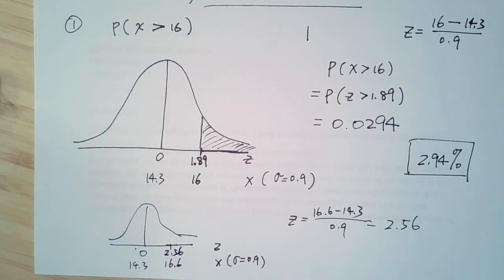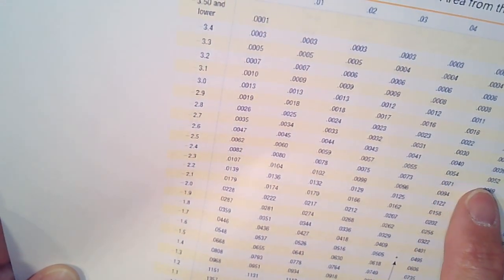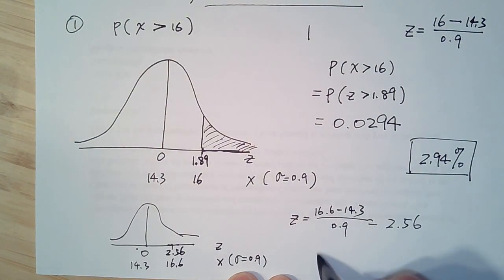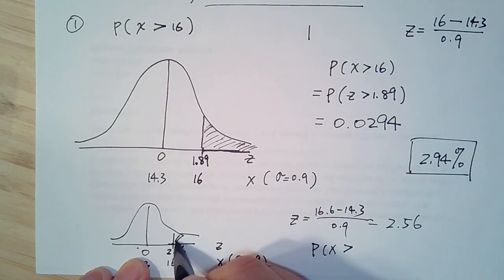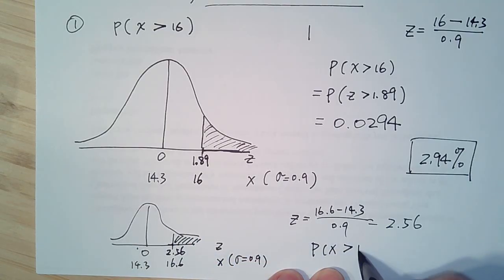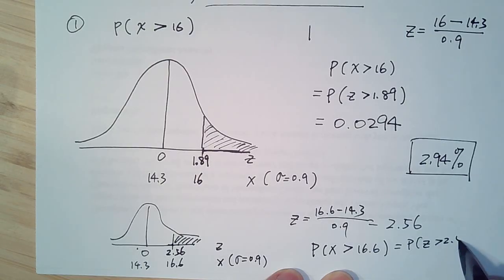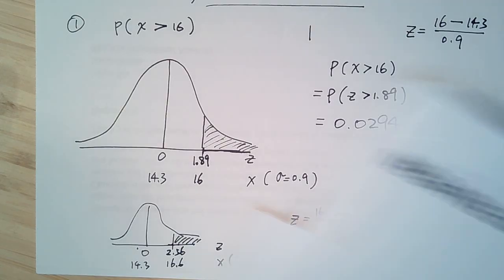2.56, which is here. And then I look at negative 2.56. It's so small. 0.0052. So the probability that x is greater than 16.6, sorry, I forgot to shade that, is the probability that z is greater than 2.56.